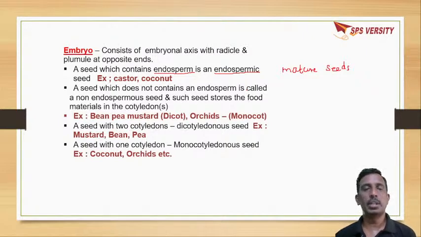Endosperm is formed but it is utilized completely. These are called non-endospermous seeds. Non-endospermous means it doesn't mean endosperm is not at all formed. Endosperm is formed but it is used completely for the development of embryo. Like bean, mustard, these will all come.